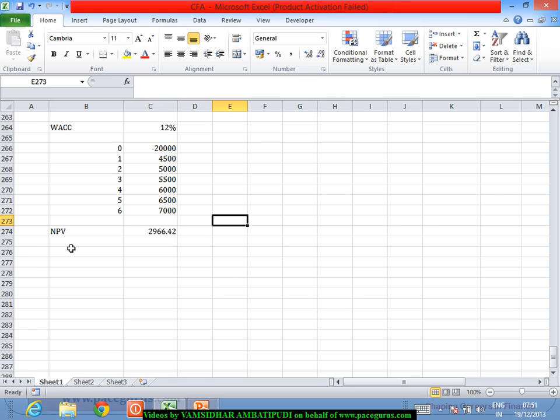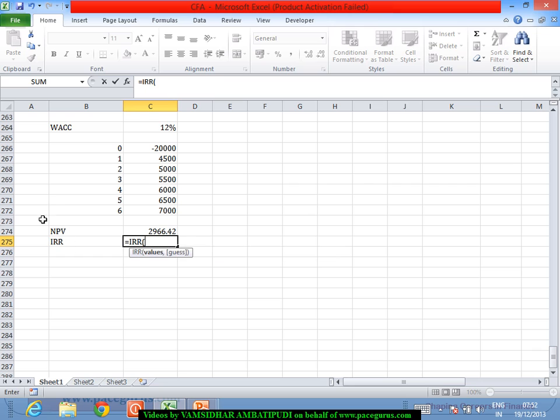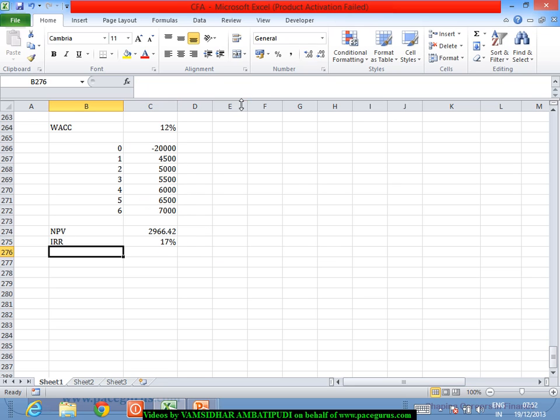So accept the project, and I will also land up with an IRR of somewhere around 16.7%. Because this is greater than the weighted average cost of capital, I can very well go ahead with taking up this project.